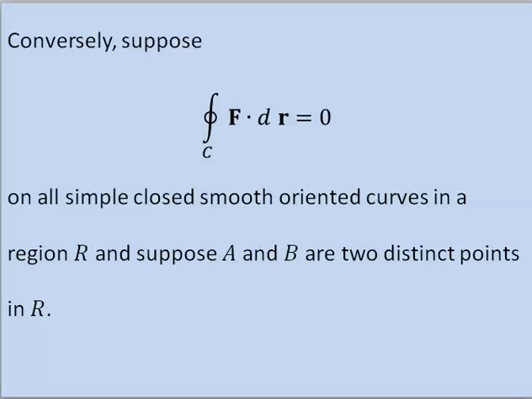Conversely, suppose that the line integral is equal to 0 on all simple closed smooth oriented curves in a region R. Now suppose A and B are two distinct points in the region.